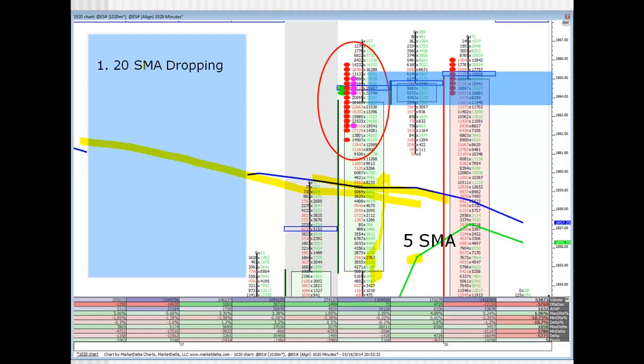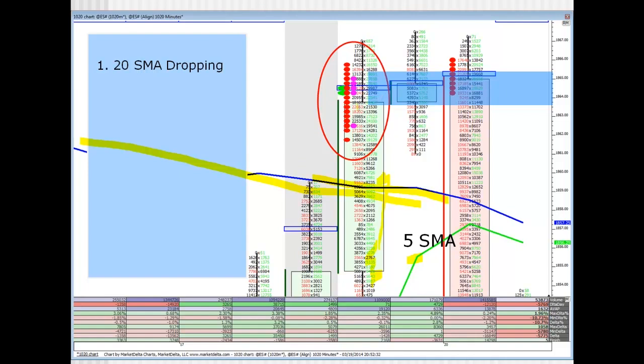So the first thing that we have identified is our 20 simple moving average is dropping. And if we take a look at the general activity of what's going on, prices have come back up and have pierced through the 20 simple moving average and have managed to close above it. And typically that actually is a bullish sign. However, in trading in general, we have the rule of twos, meaning that the market always likes to double check itself.